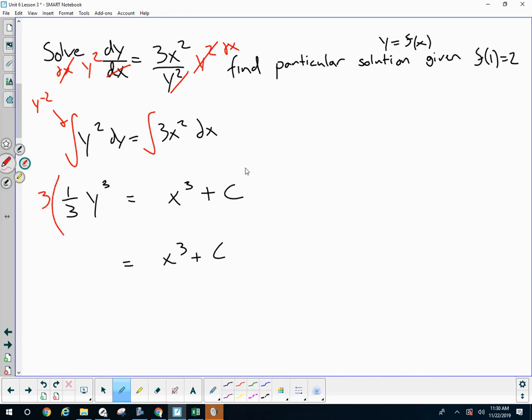Multiply both sides by 3 because our goal is to solve for y. Know that 3 times c is just c.